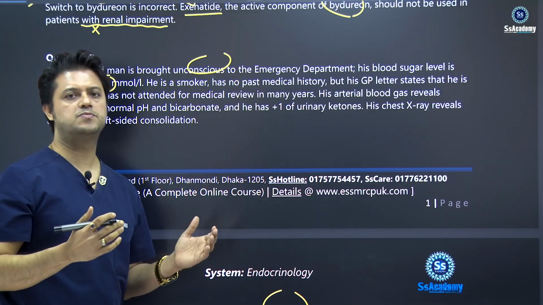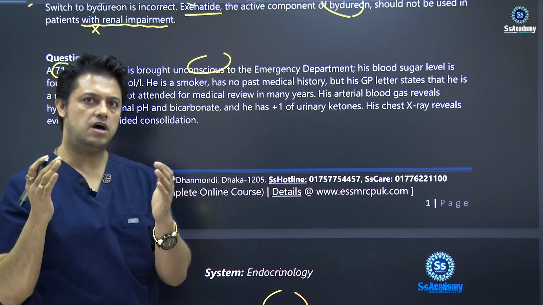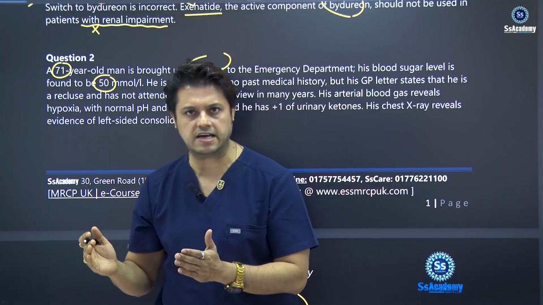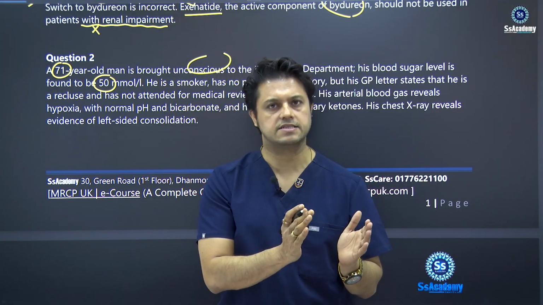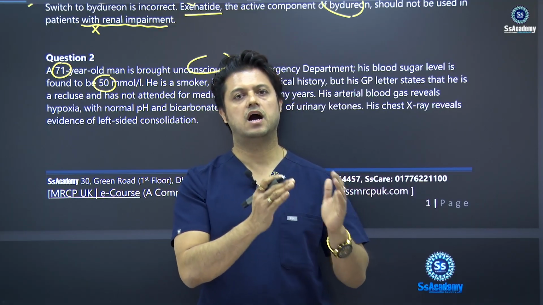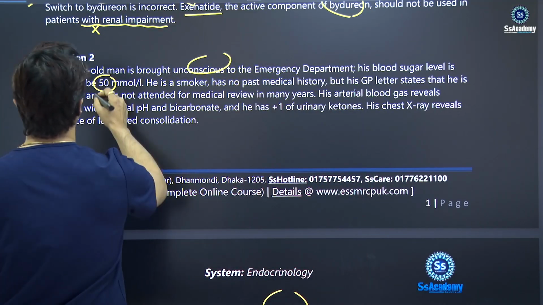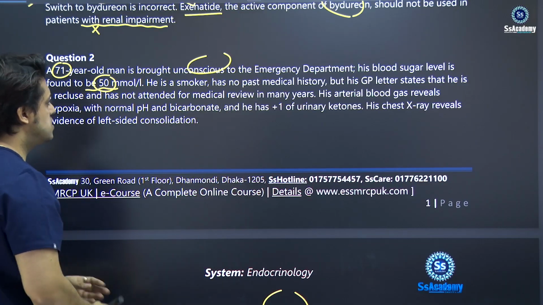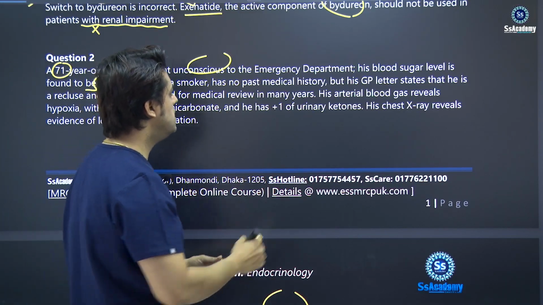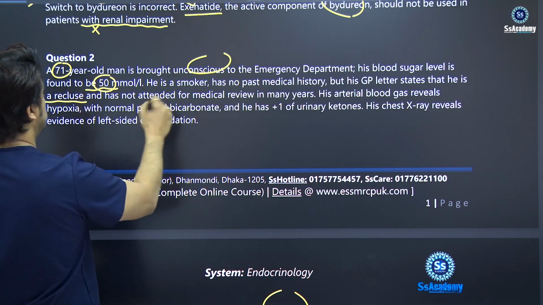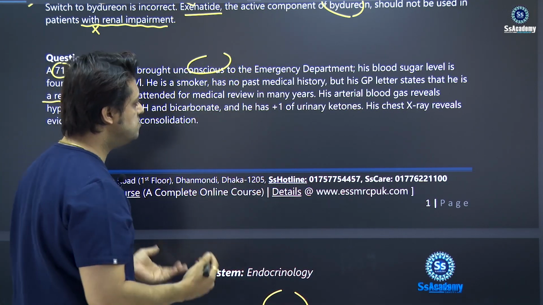I did the differentiating points for type 1 and type 2. We know very well that type 1 diabetes can cause DKA, and type 2 diabetes, HHS, is a hyperglycemic, hyperosmolar state. In that case, we expect the blood sugar level to be very, very high. He is a smoker and has no past medical history. However, the GP later states that he is a recluse and has not attended for medical review in many years.